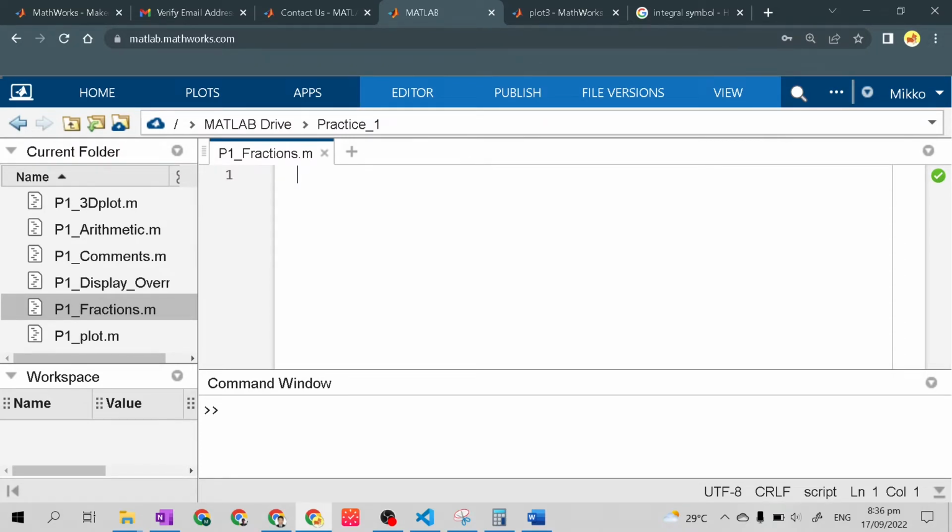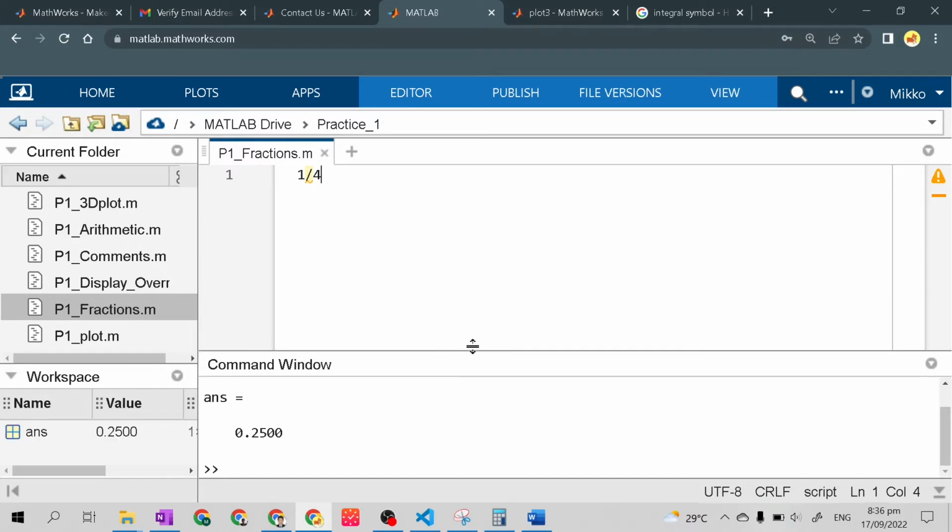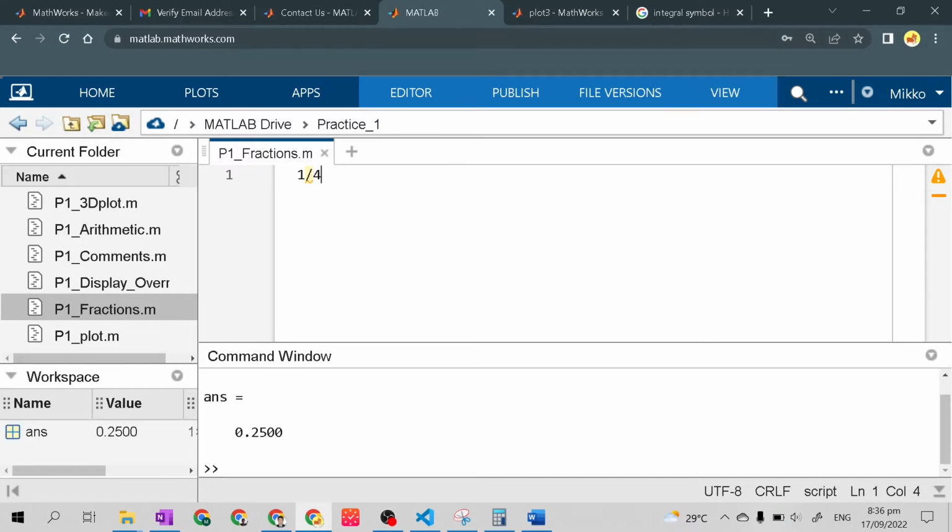Now we will do a fraction. For example, we have the fraction 1 over 4, or 1/4. If we run this, the default answer or default value is a decimal. To make this expression a real fraction in the command window, what we need is the syntax sym, S-Y-M, then open and close parentheses.